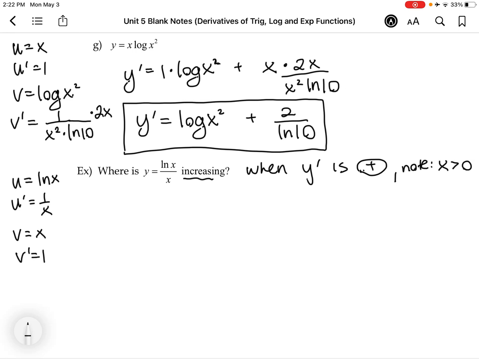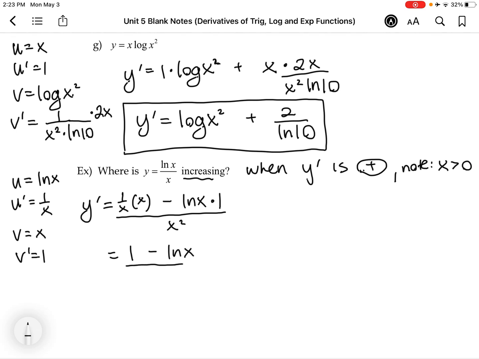Okay, so for our derivative, y prime is u prime v, 1 over x times x, minus uv prime, ln x times 1 over x squared. And that works out to be 1 over x times x is 1, minus ln x over x squared. Okay, so that's our derivative.